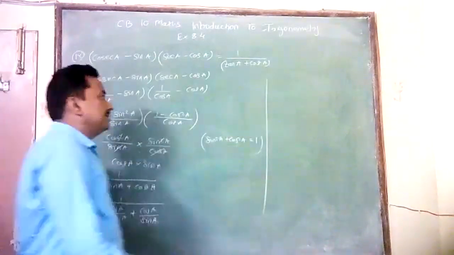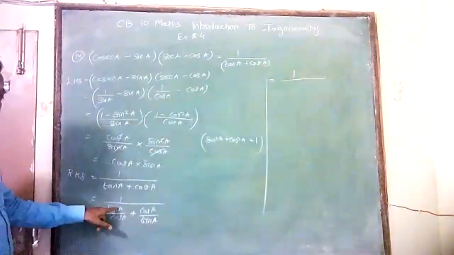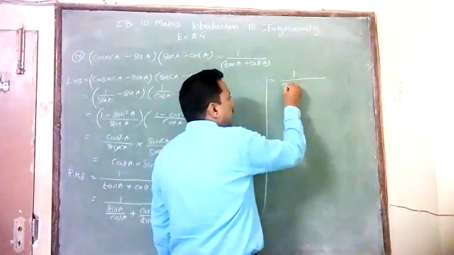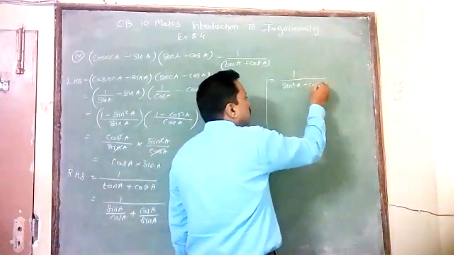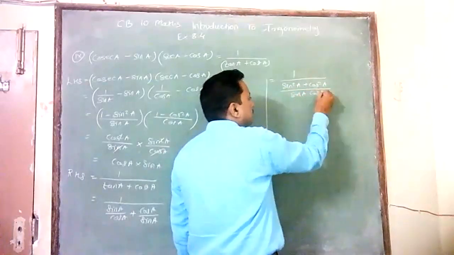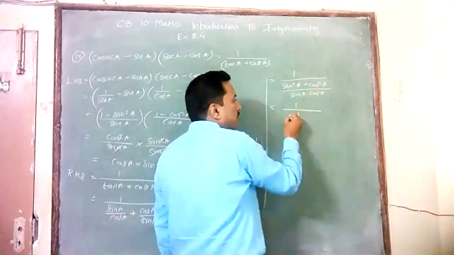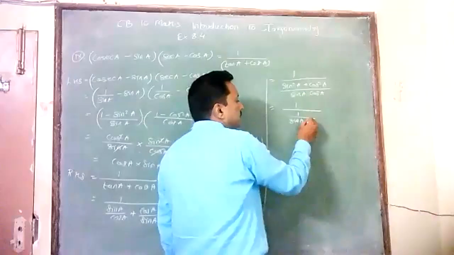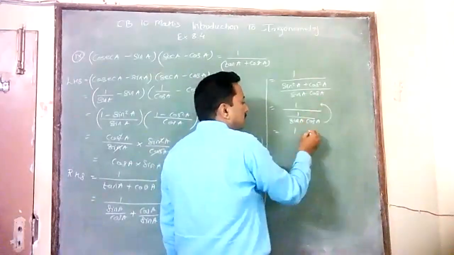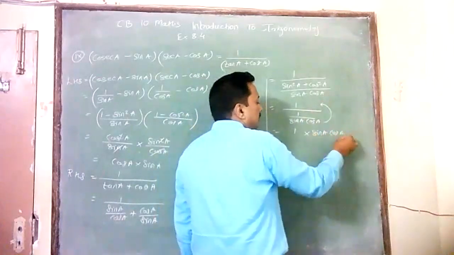So 1 as it is. Sin into sin square plus cos into cos square. So sin square A plus cos square A upon sin A cos A. Now take the reciprocal: 1 upon sin square A plus cos square A, 1 होता है, upon sin A cos A. So this goes upside, 1 into इसका reciprocal sin A cos A upon 1.